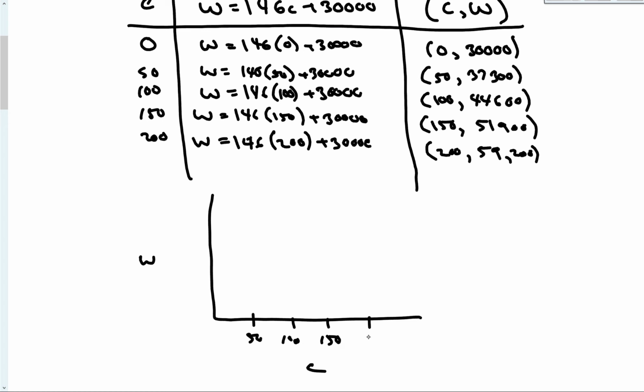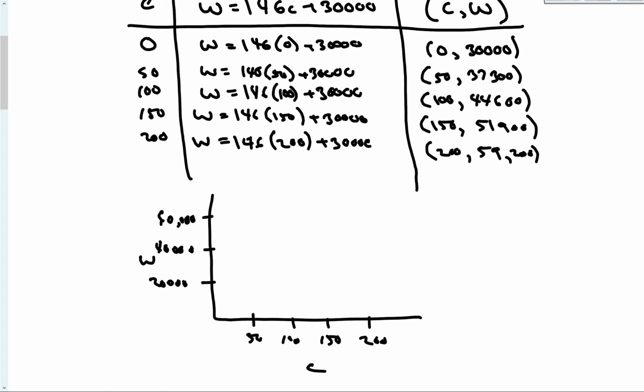150, 200. And here, let's go 20,000. Again, you want to keep these the same. So I'm going to go up by 20,000 on the y-axis, up by 50 on the x-axis. You can set each axis to do whatever you want. It will affect the picture that you get, but the data is still going to be the same.